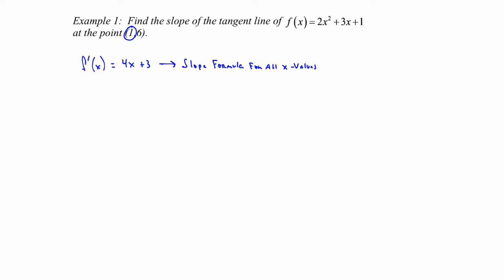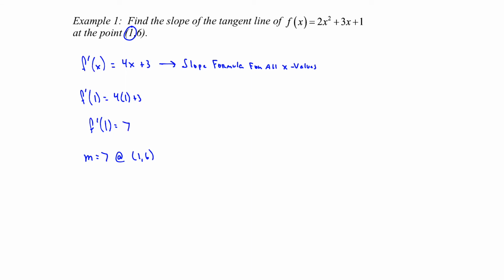If I want to know specifically what the slope is at a certain x value, I'll just plug the value in, which in this case is 1, and we take 4 times 1 plus 3, and so the derivative at x equals 1 has a slope of 7. So this is a slope of 7 at the point 1 comma 6.